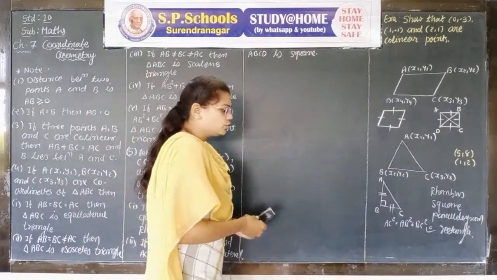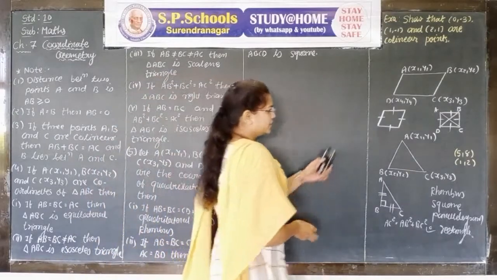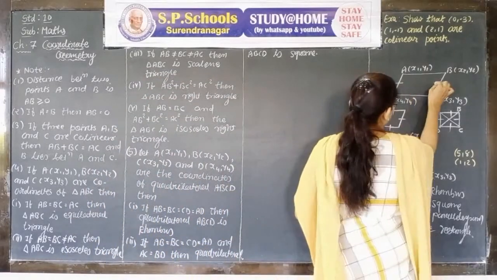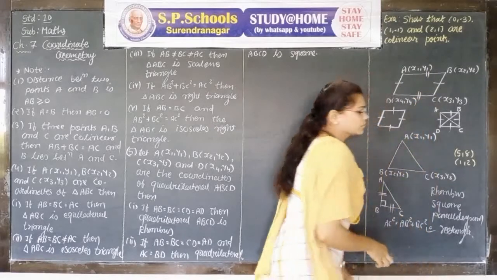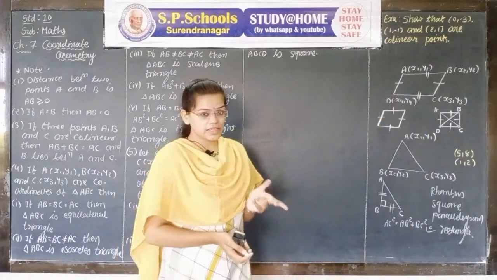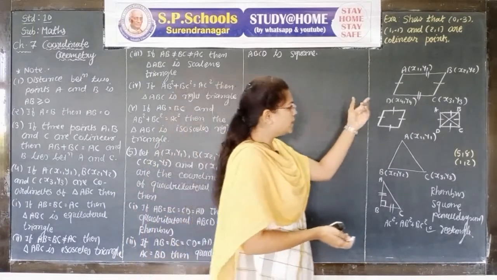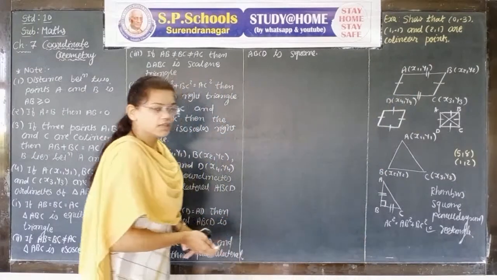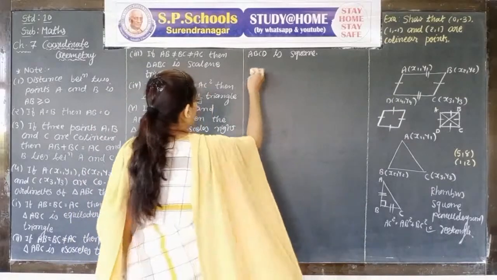Now the remaining two, parallelogram and rectangle. Suppose it is a parallelogram, then opposite sides are equal, diagonals are not equal. The condition is opposite sides are equal. AB is equal to CD and AD is equal to BC, then it will be a parallelogram.